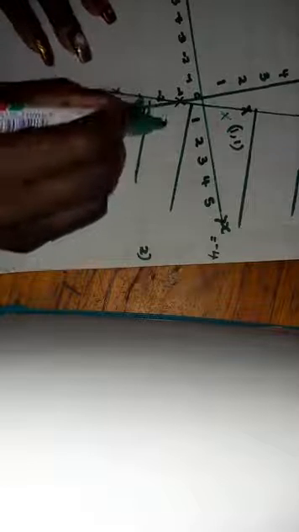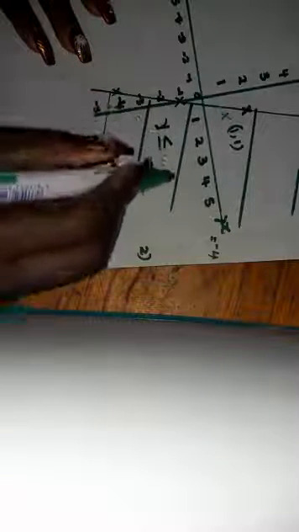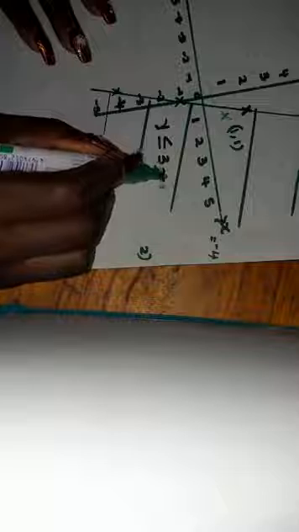And I'm going to name this shaded region y less or equal to 3x minus 1.